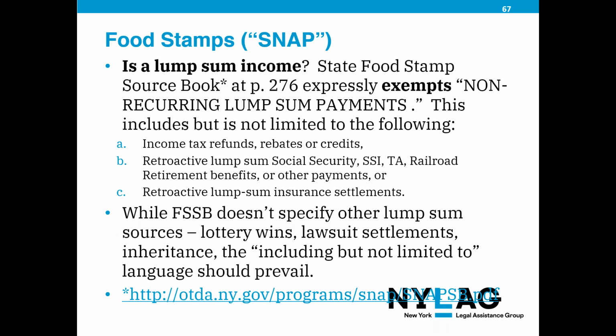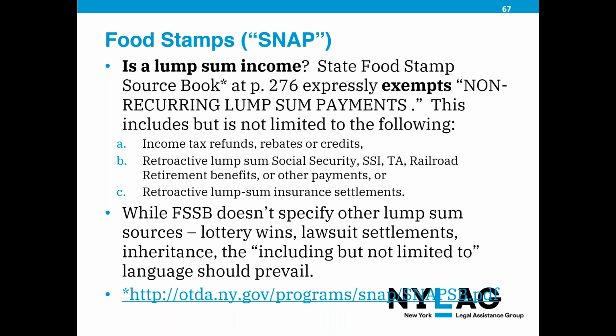SNAP or food stamps. So if somebody receives a lump sum and they receive food stamps, generally a non-recurring lump sum is exempt. And this is in the food stamp source book. You have a link in your materials. So this would be an income tax refund, a retroactive check from benefits, or lump sum insurance settlements.